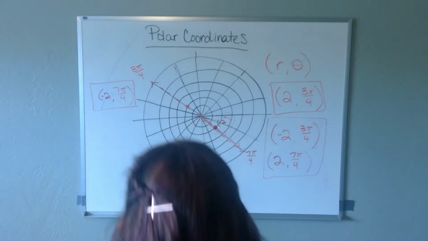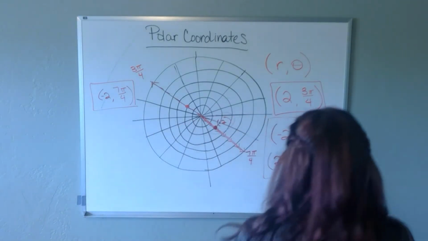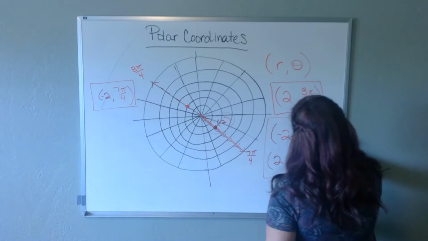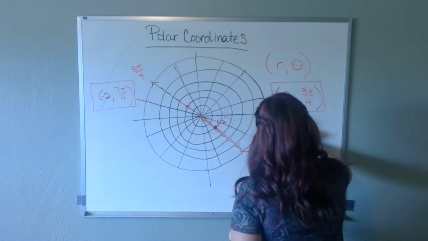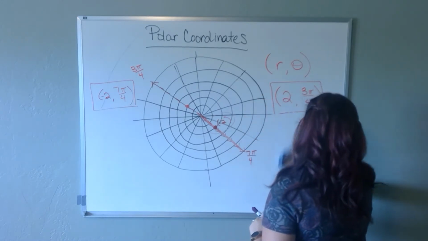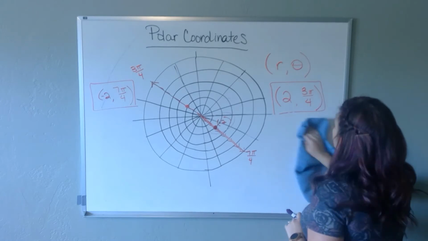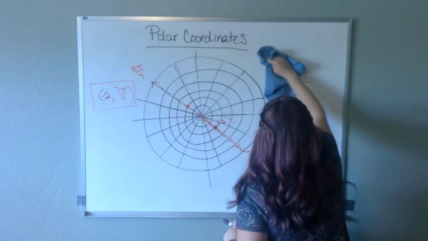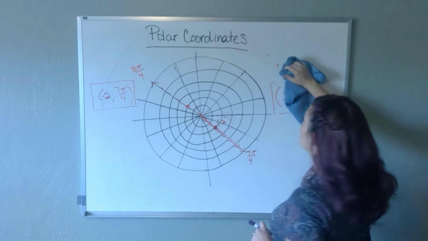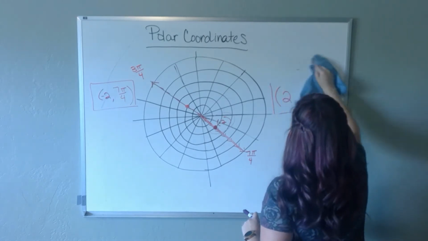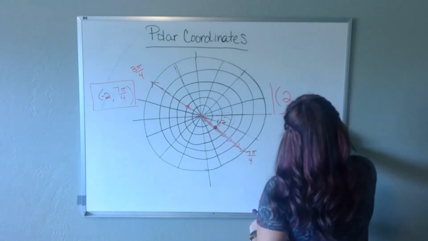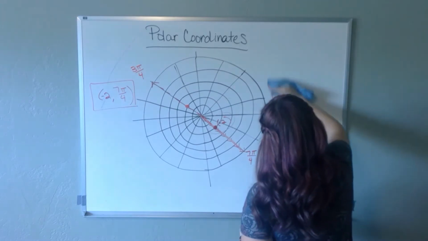I'm going to erase these red coordinate pairs, and we'll put up some purple coordinate pairs and we'll plot those and talk about different ways we could write them. Okay, erase, erase, erase, erase.